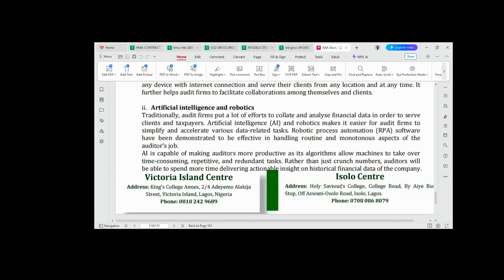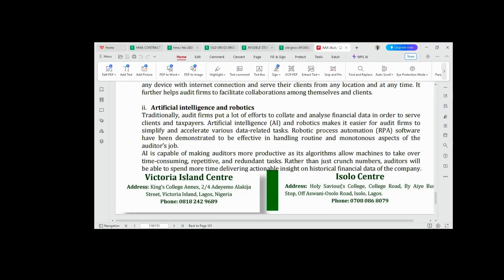We look at artificial intelligence and robotics. Now, I don't need to say much about this because it has come to stay. In fact, just last week, the US pumped billions of dollars into OpenAI, the owners of ChatGPT.